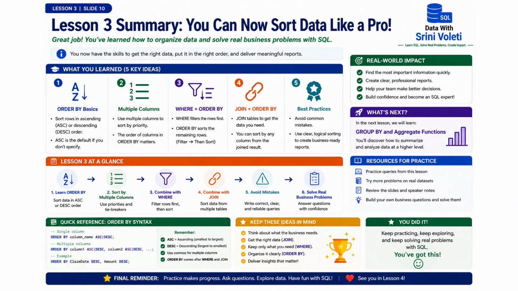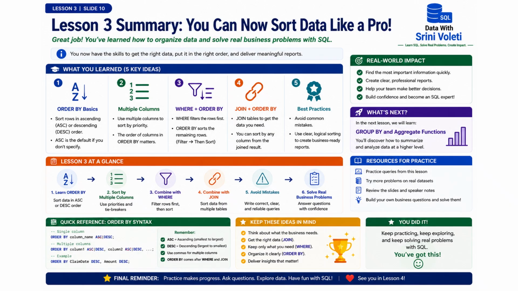You have learned how to sort the data in ascending and descending order. You learned how to sort by multiple columns, allowing SQL to break ties and create meaningful organized reports. You learned how where and order by work together, first filtering the data, then sorting only the remaining rows.